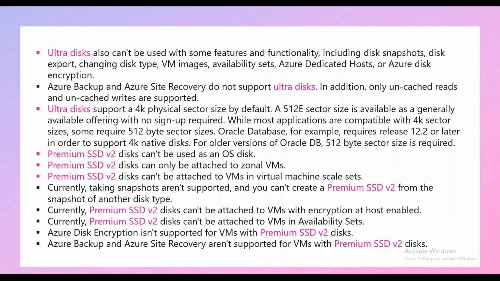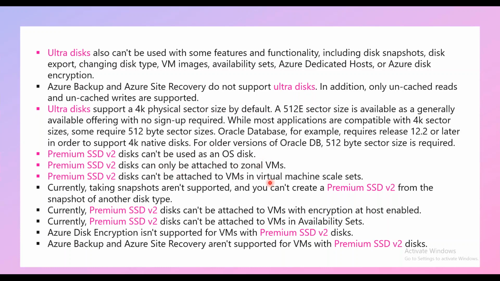Also, when you choose the higher category disks especially, you should think about the limitations around those highly performing disk categories. For example, Premium SSD v2 and Ultra Disk have a lot of limitations. As we discussed some time back, they cannot be used as an OS disk, and they can only be attached to a zonal VM.